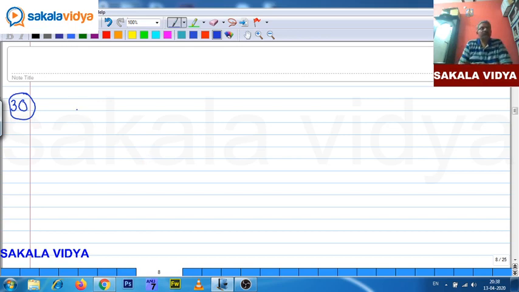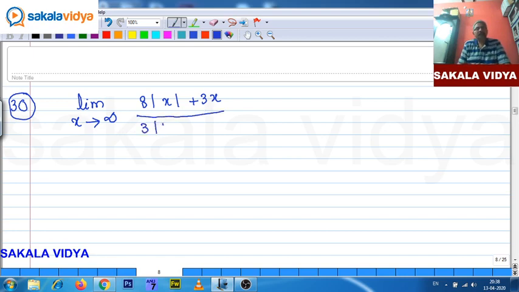Limit x approaches to infinity, 8 mod x plus 3x, upon 3 mod x minus 2x.